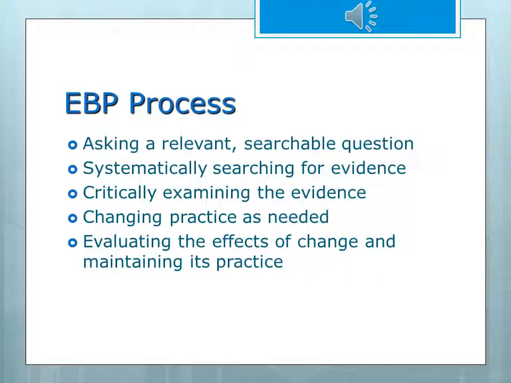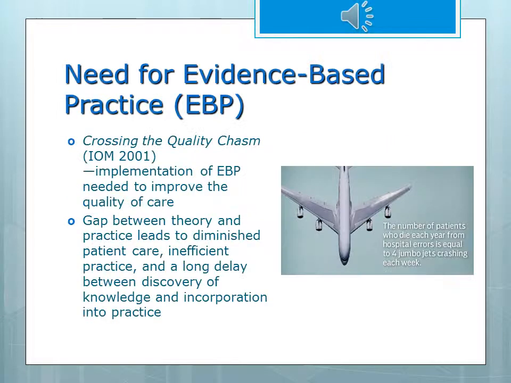You're going to change your practice if the research suggests that changing the practice is necessary. And then after you change your practice, you're going to evaluate the effect of that change. And if the effect of the change is what you anticipated and it's in line with the research, then you would maintain that change.